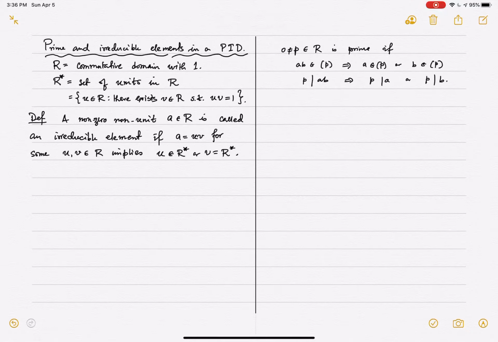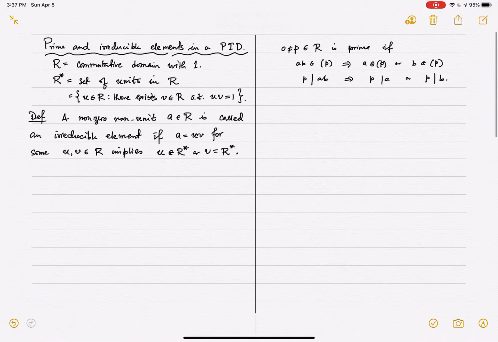So here's the definition on the left-hand side. Let R be a commutative domain with 1. R star, remember, means the set of units of R. So these are all the elements of R that have an inverse in R, for which there is a V in R such that the product U times V is 1. Yeah?